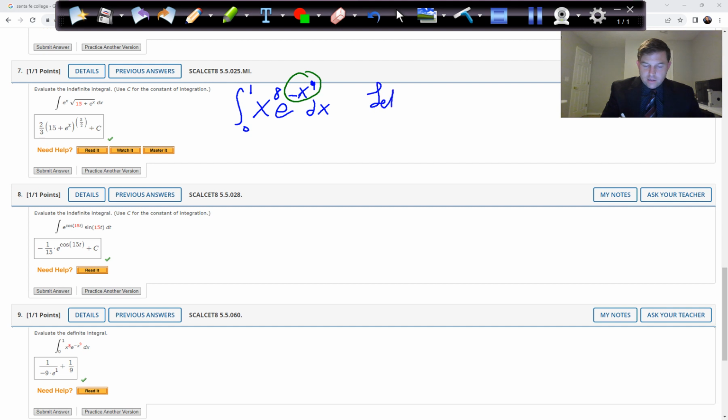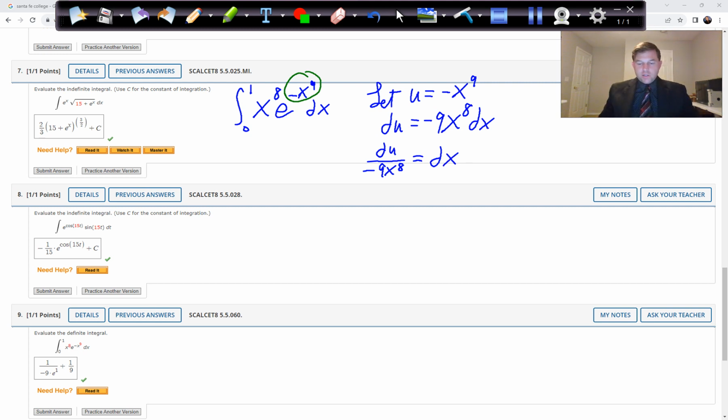We're going to let u equal negative x to the 9th. Therefore, the derivative of u would be minus 9 x to the 8th dx. Therefore, dx would be du over minus 9 x to the 8th. And we know everything to substitute in. So we're going to get 0 to 1. x to the 8th is still there.